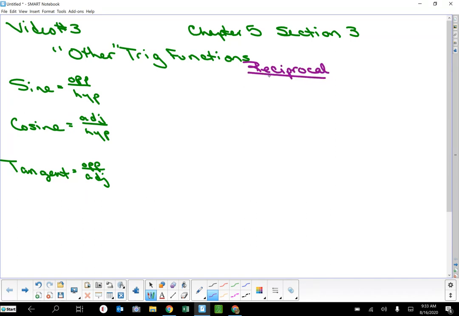And remember that a reciprocal is a flipped over fraction. So I'm going to put these with their appropriate reciprocal functions. So the reciprocal of sine is cosecant. It's C-O-S-E-C-A-N-T, and its abbreviation is CSC. So cosecant of theta, and it's quite literally the reciprocal of sine.